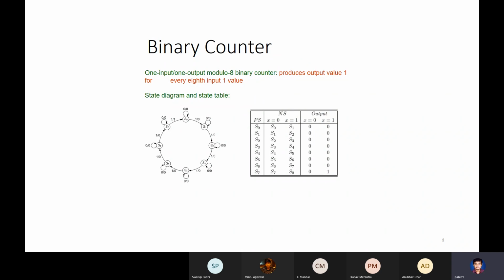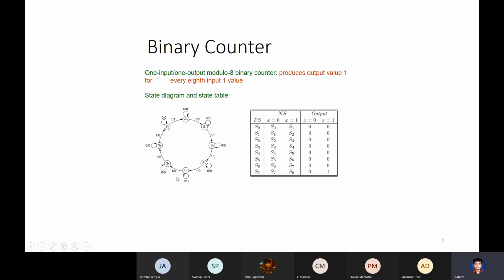There is another sequential circuit, which is a cluster of flip-flops that is used, which is a counter. So for example, the simplest example is something called a modulo 8 counter. So you have states from S0 to S7, and depending on the clock input, it will transition between the states.